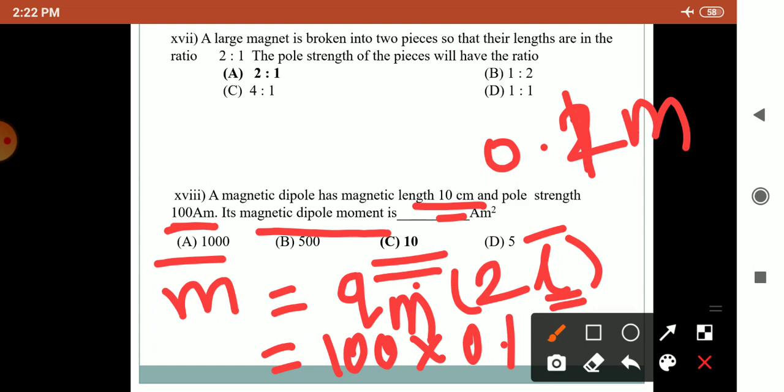So this is about magnetic dipole moment. The formula is Qm into 2L. By putting its value, 2L is 10 centimeter, converted into meter it becomes 0.1 meter, and multiplying it with 100 gives 10 ampere meter square.